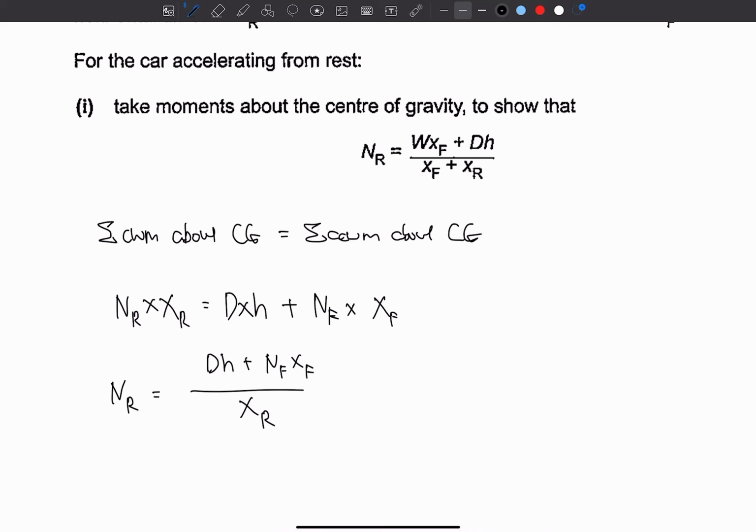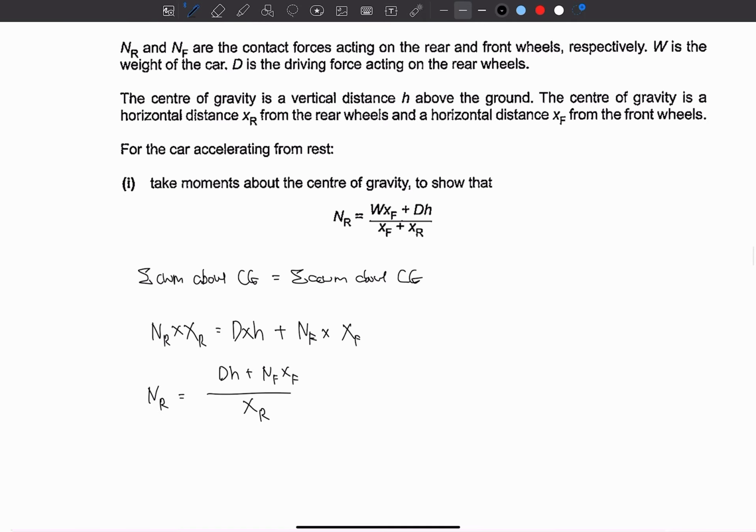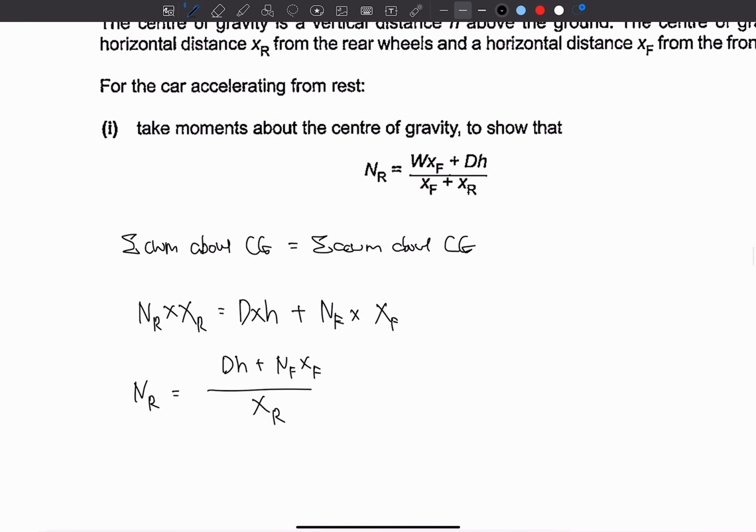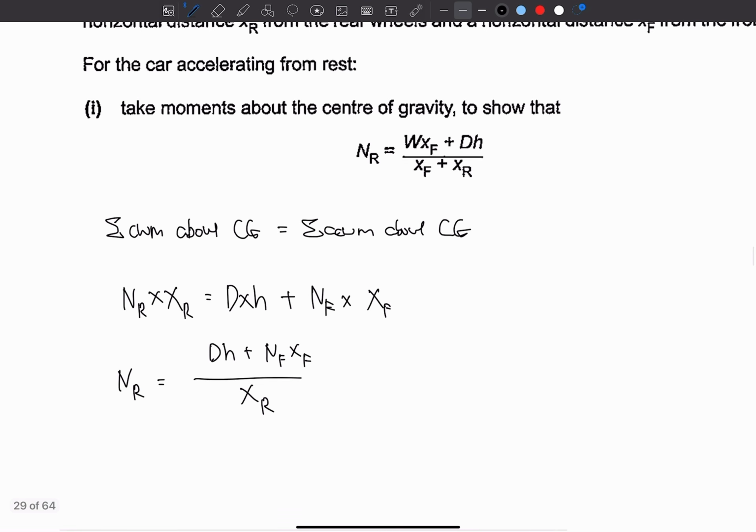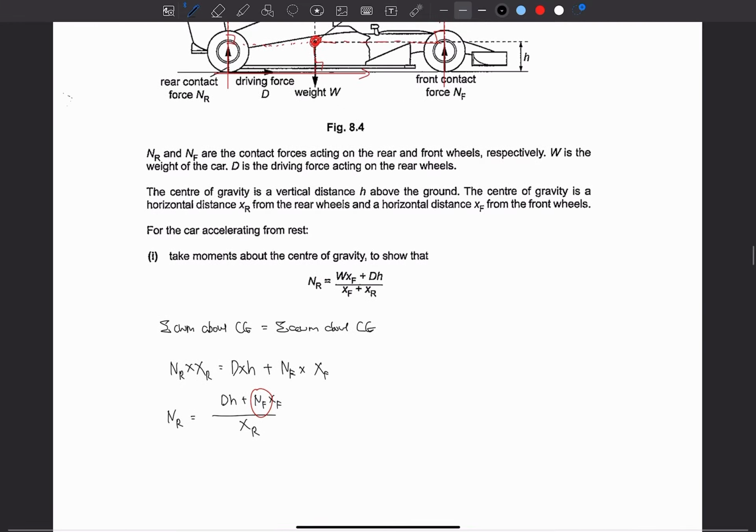Or so we thought. There's a problem here. The problem is the final answer does not contain NF. That's my NF, right? So basically we need to get rid of the NF. So how can we do that? Let's look at the diagram.